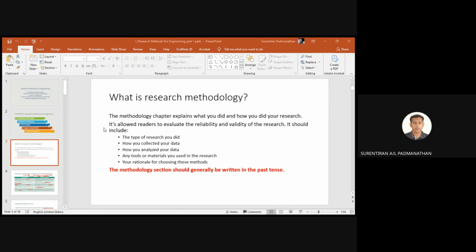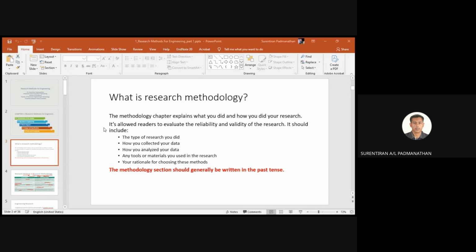Because in your research project you are not sure what kind of problem you want to solve. What actually do you want to do in your project? What are the objectives?